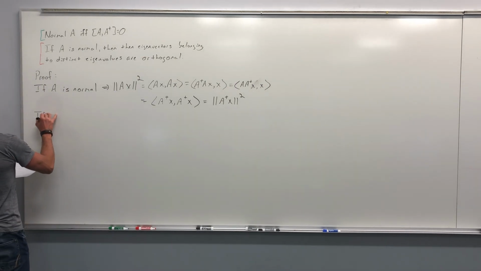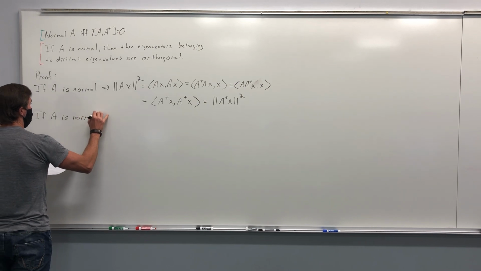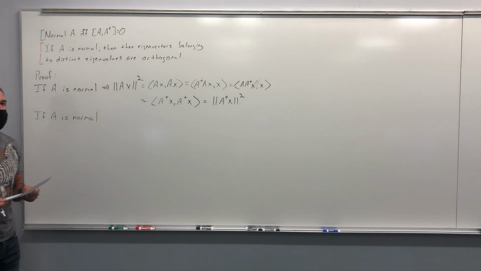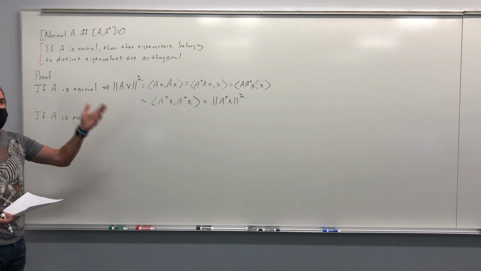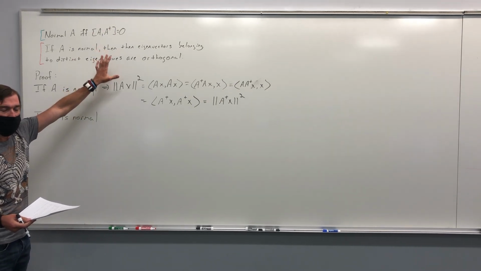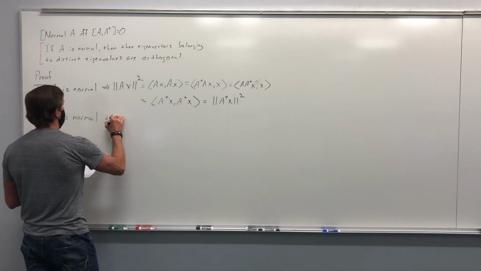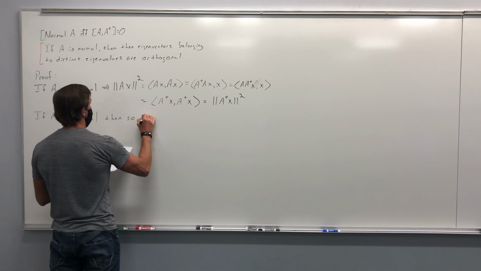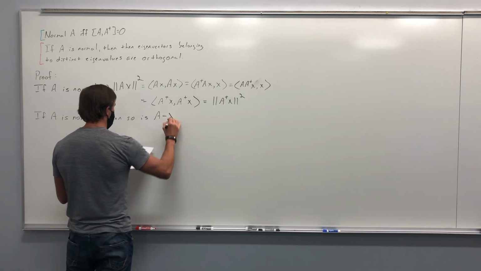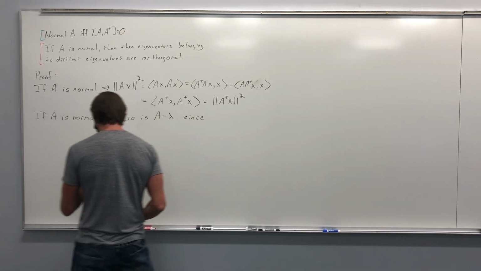Let us continue. If A is normal, and I hope you are all sensitive enough to realize that when I use the word normal, I don't mean plain and boring. I mean what I wrote up here, okay? If A is normal, then so is A minus lambda, since we can do the following.